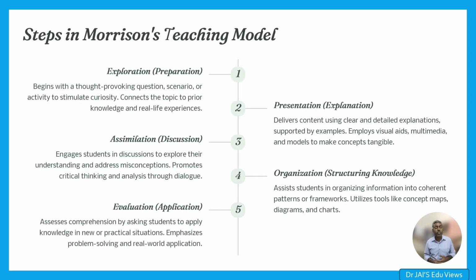We have to rectify their mistakes and their defects in their learning. That is a very important part of the Morrison model of teaching. Why? Because even though the teacher can teach the lesson effectively, sometimes if the students understand wrongly, then the whole concept is wasted. So that part is very important.